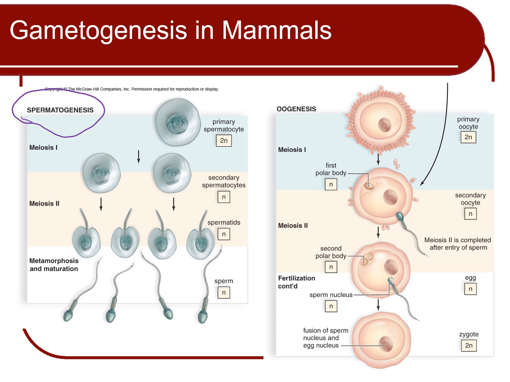We'll talk about this in more detail at the end of the semester, but these diploid cells, called spermatocytes, are in the testes, and they undergo meiosis so that each diploid cell that starts out forms 4 haploid sperm.